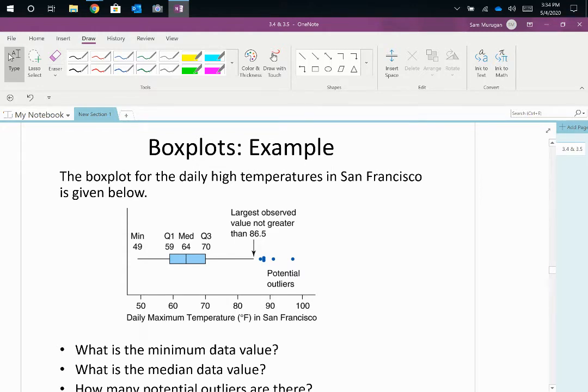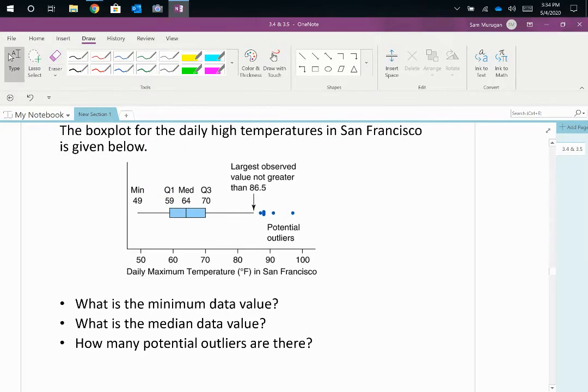that we just looked at, or similar to what we just looked at. The box plot here shows quartile 1 to quartile 3. The minimum data value is all the way to the end, 49 degrees. And the median value, the one right in the middle here, is 64 degrees Fahrenheit.